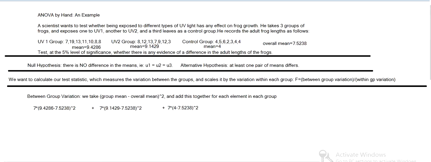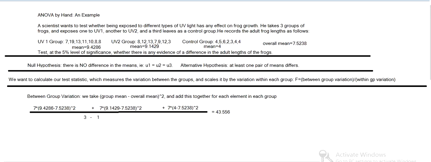Then we divide by the number of groups minus 1, the between groups degrees of freedom, so divided by 3 minus 1. That gives 43.556. So that's the between variation.